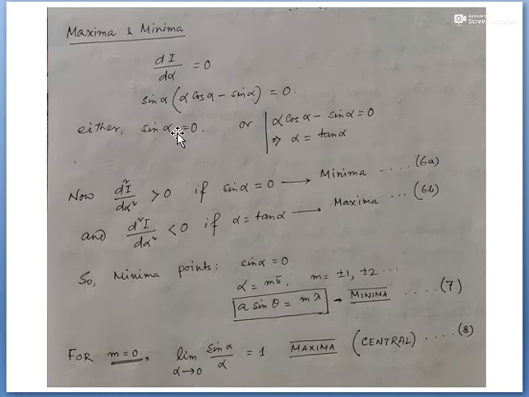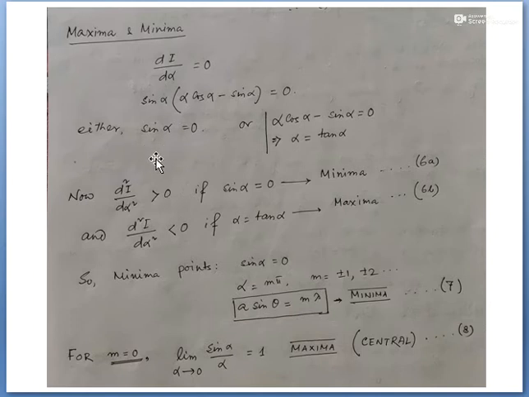If sine alpha equals 0, then after computing d square I by d alpha square, we get that it is greater than 0.